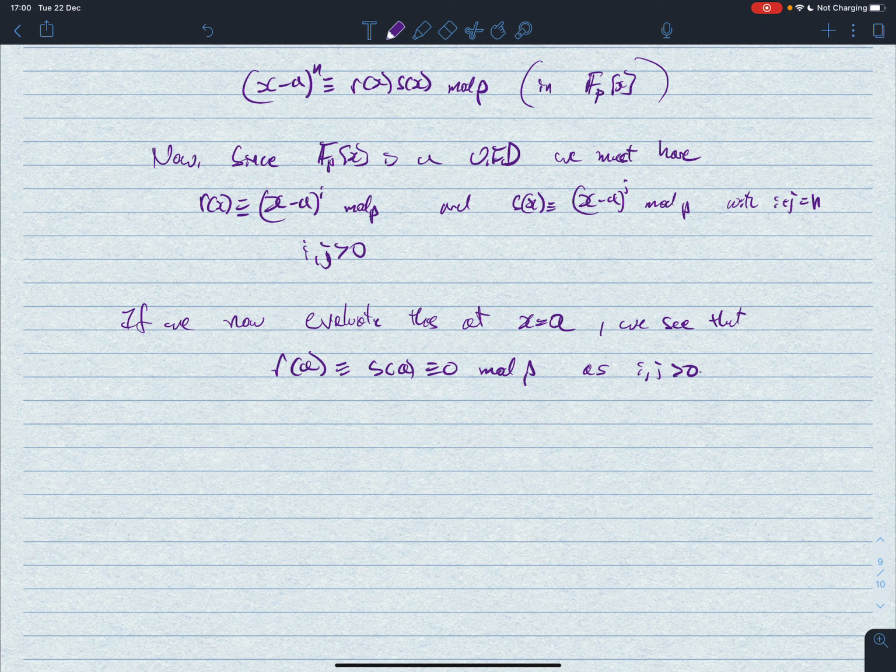But now, okay, let's go back to our original thing. If we now go back to the original thing that we had, f of x is r of x times s of x mod p squared.